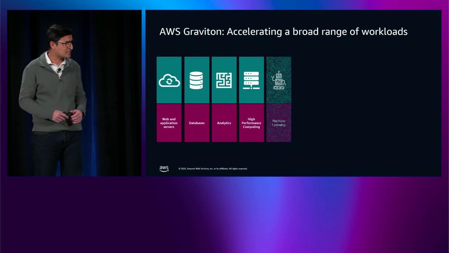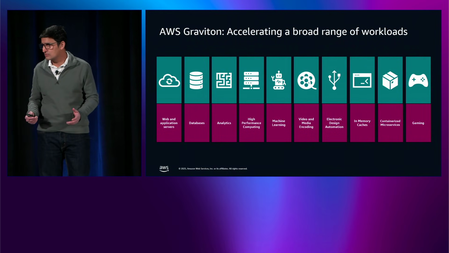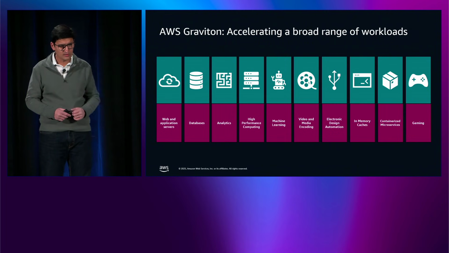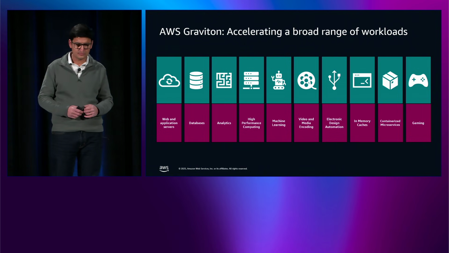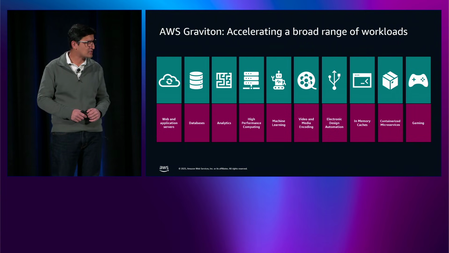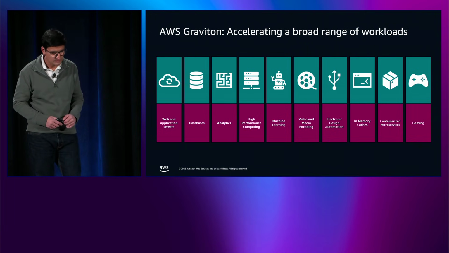As a result, what we're seeing is Graviton can now run any workload, whether it's web servers, high-performance computing, electronic design automation, the high core counts that we have, the memory bandwidth, and the custom stack enables all of these applications to run on Graviton and gives you the best price performance overall.